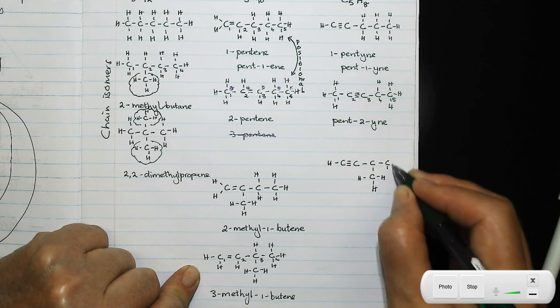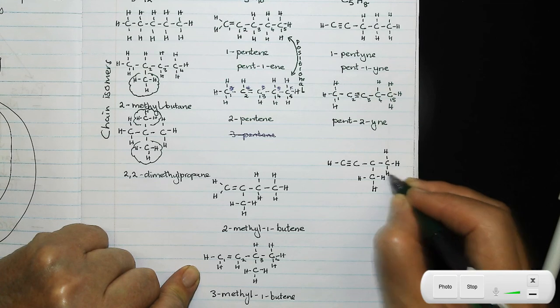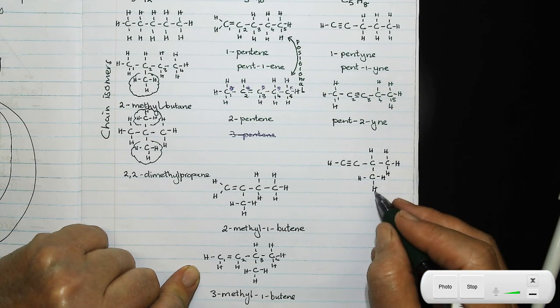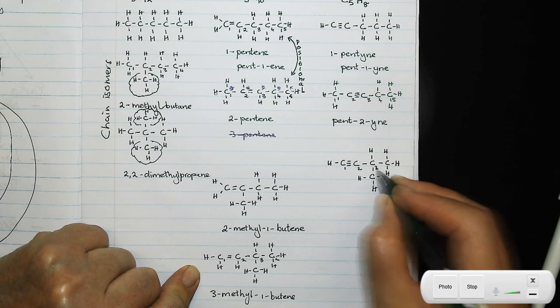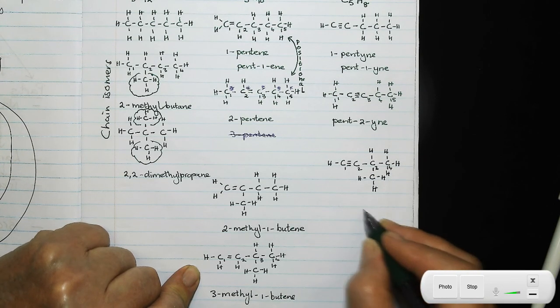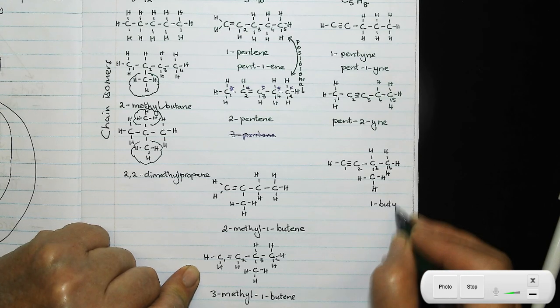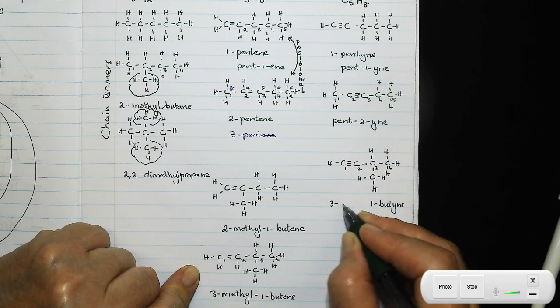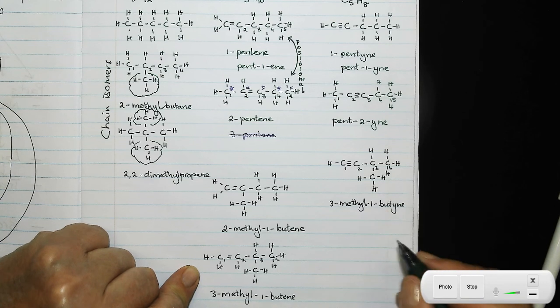So here we have 1-butyne, 1, 2, 3, 4 carbons, and there is a methyl group on the 3rd carbon in the chain, so it's 3-methyl-1-butyne.